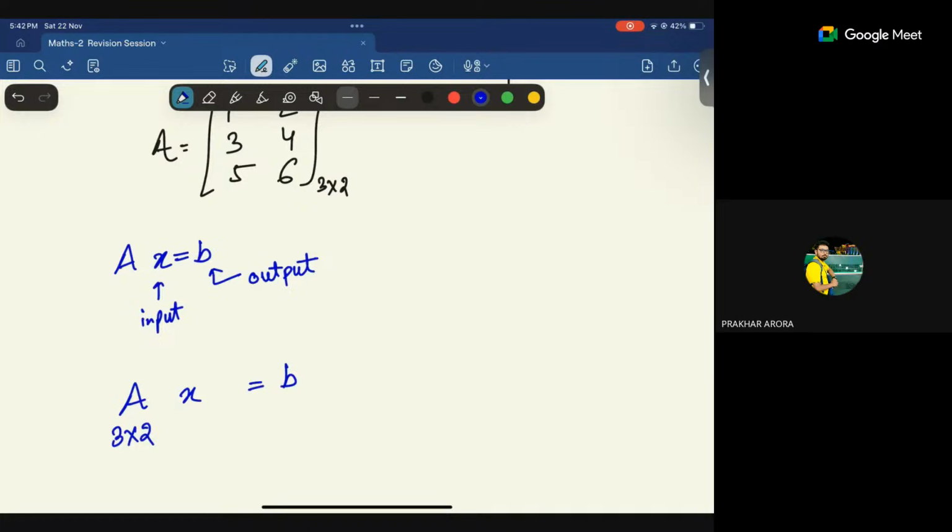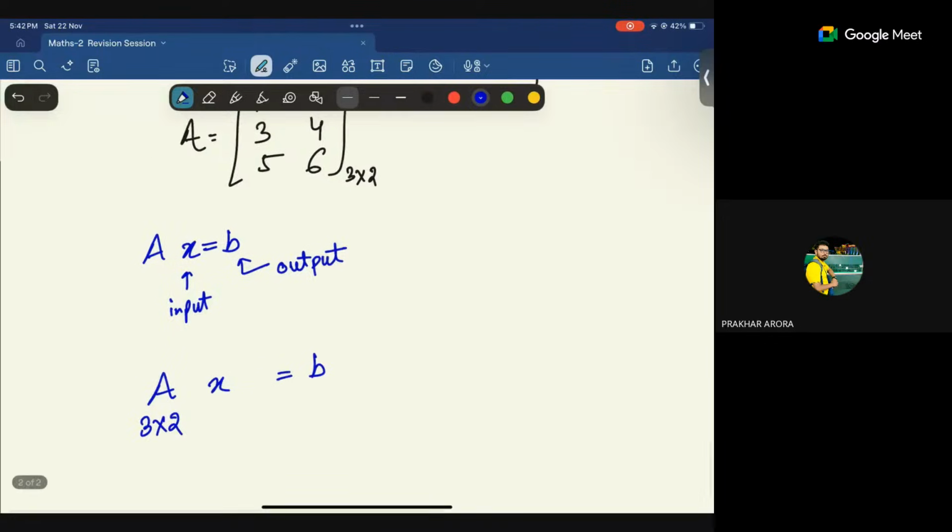Now you don't need to do anything; you just need to apply the logic of matrix multiplication. When is the multiplication of A and x possible? At the end of the day they are just matrices and vectors. When can you multiply the matrix A with x? You can only multiply them when this number is 2.